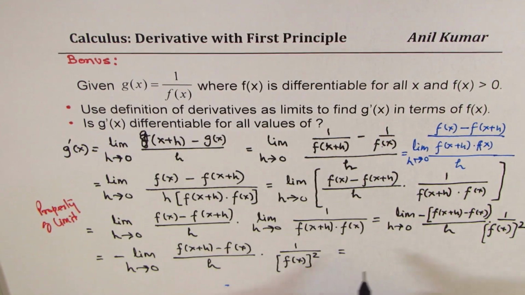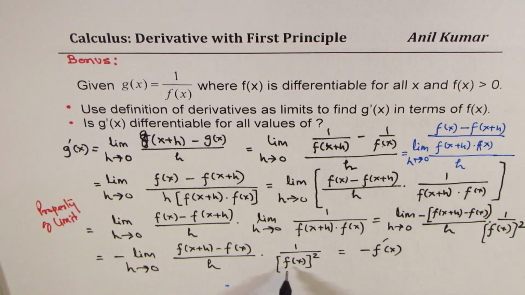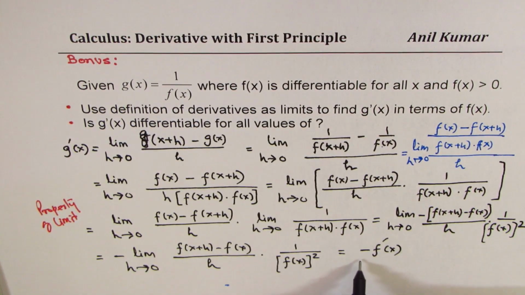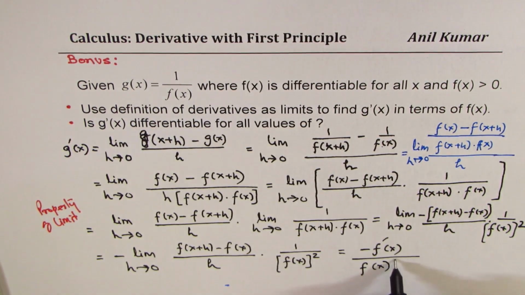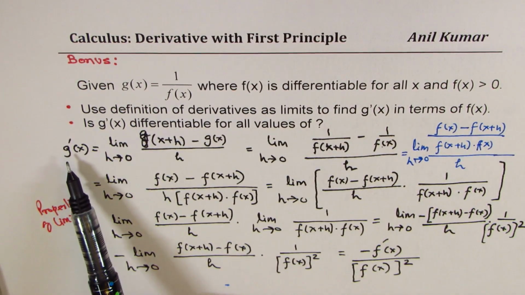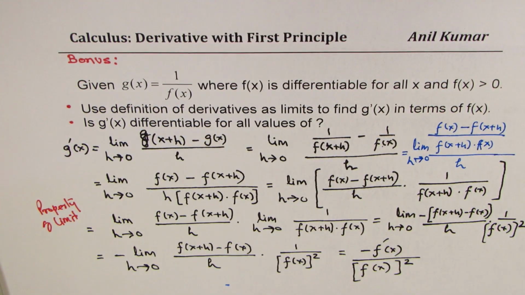So what we get here is minus the derivative of f of x divided by f of x whole square. So the derivative of the function which is the reciprocal of f of x is as shown here. Do you see that? It is the negative of the derivative of f of x divided by the square of the function itself. I hope that helps.